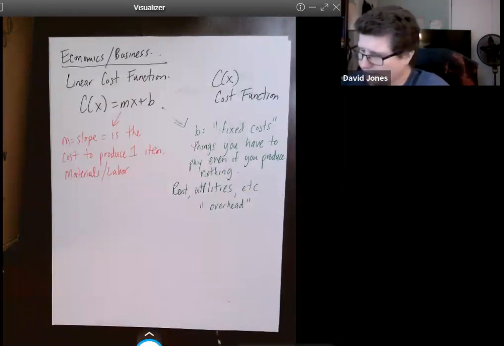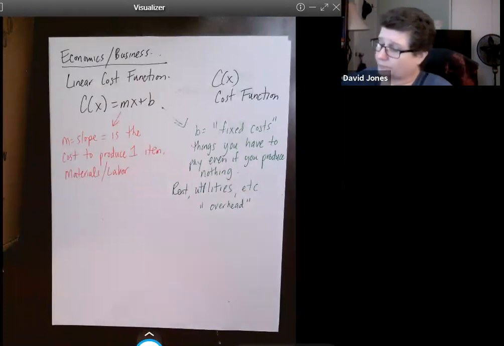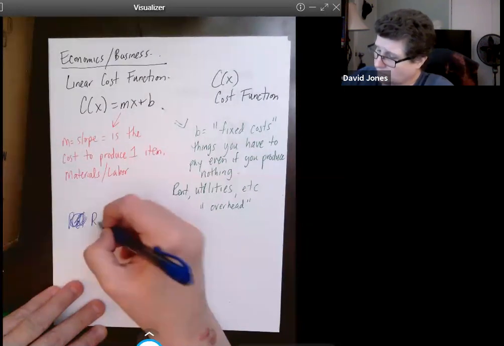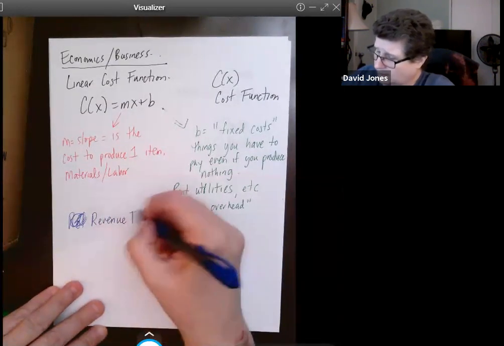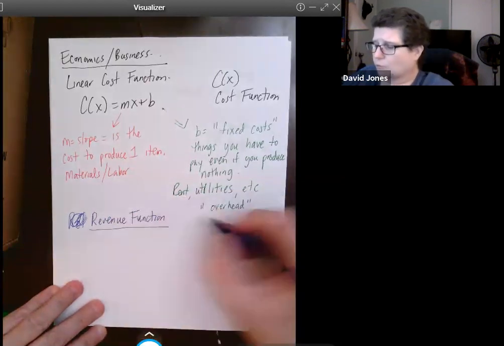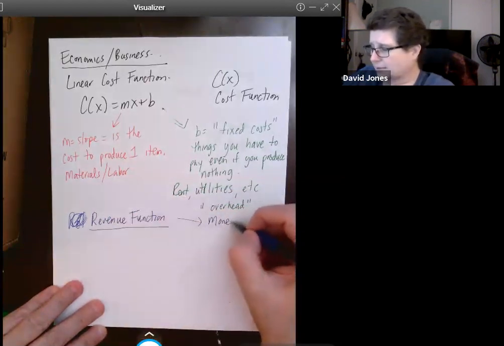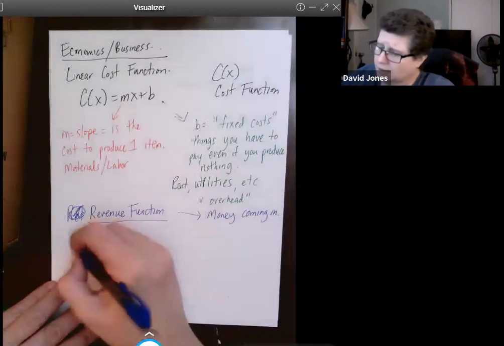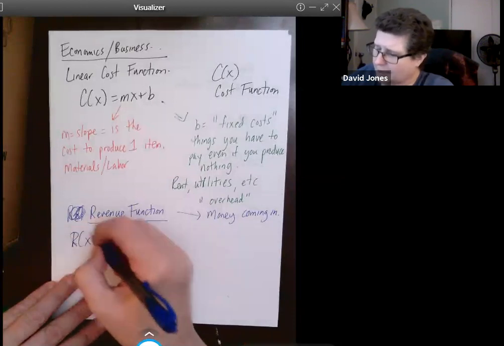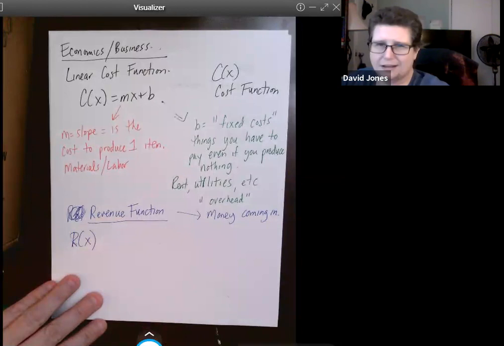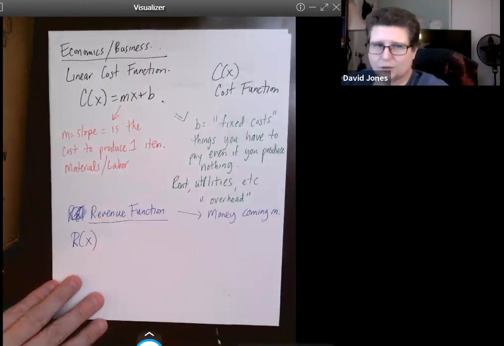They also have another function called the revenue function. Revenue is money coming in. So if you're selling something, every item you sell gets you a specific value, it gets you more money. So let's say it costs $2.